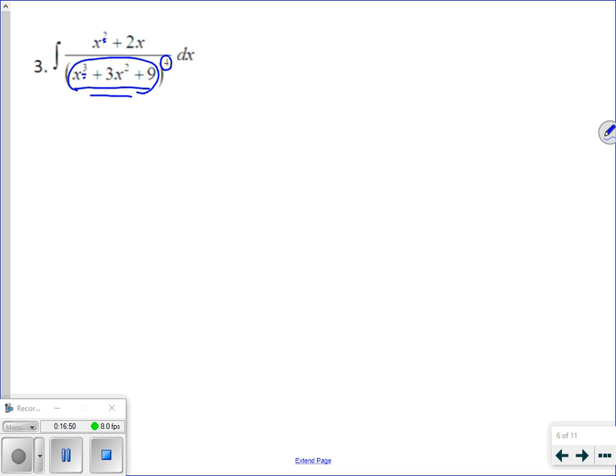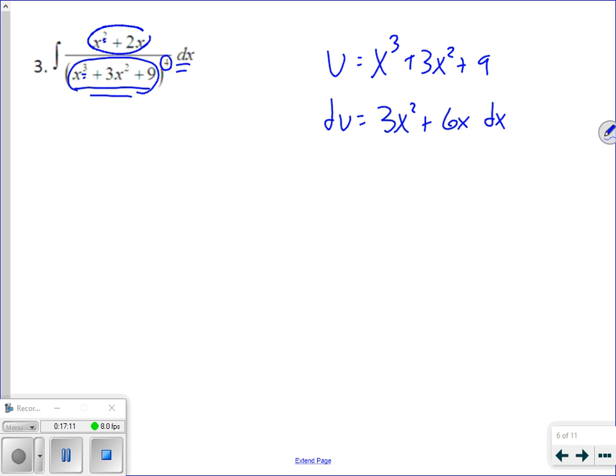I encourage you to stop these videos at the beginning of each of these problems and try them, but I'm going to let u be x cubed plus 3x squared plus 9, and then du equals 3x squared plus 6x dx. Okay, here's the dx. Now x squared plus 2x, compare that to 3x squared plus 6x.